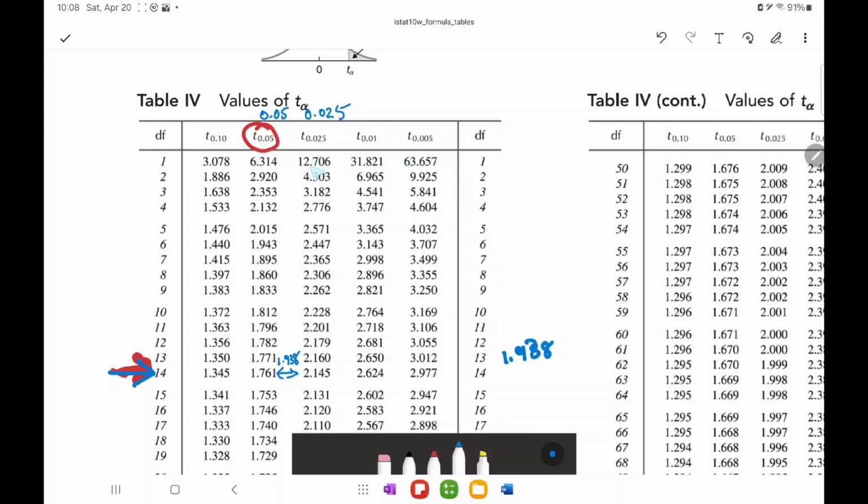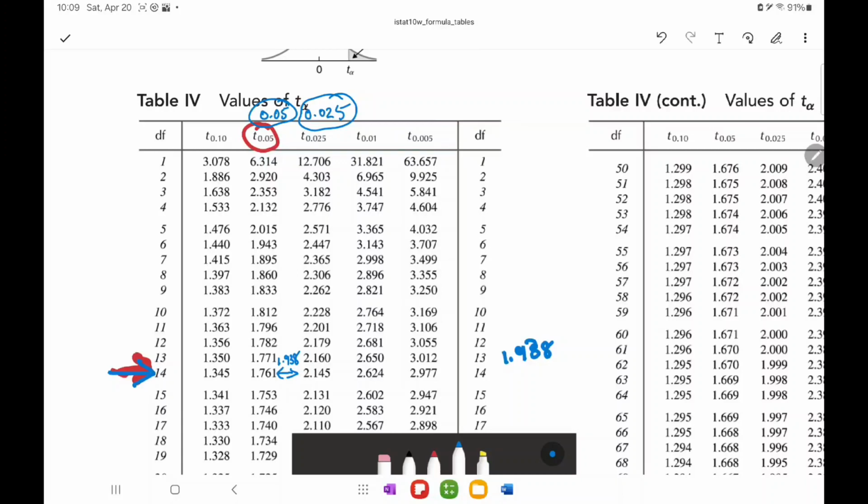So the p-value is going to be less than 0.05 but greater than 0.025. It's going to be an estimate. If you're using the table, you will not know the exact value because this is a truncated table, only for the special alpha values. But with a graphing calculator, you will get the exact value.